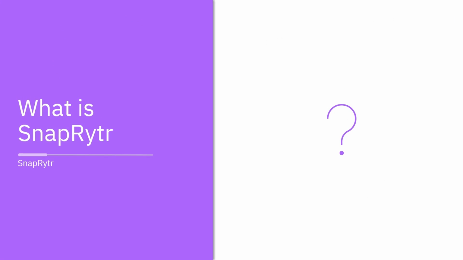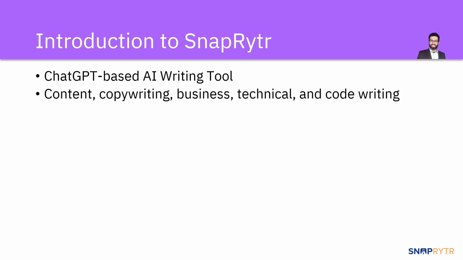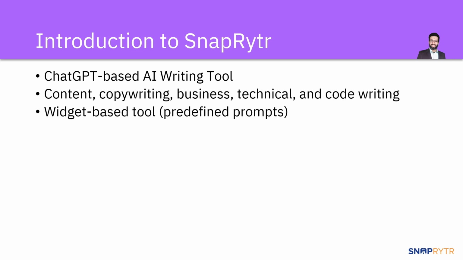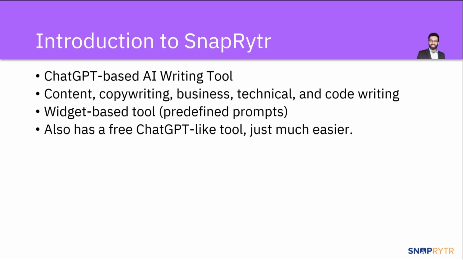So what's SnapRytr? SnapRytr is an AI writing tool based on ChatGPT. Just like ChatGPT, you can perform all the content, copywriting, business, technical, and code writing tasks. You can either use predefined smart prompts, also called widgets, or you can use SnapRytr's own chat tool.